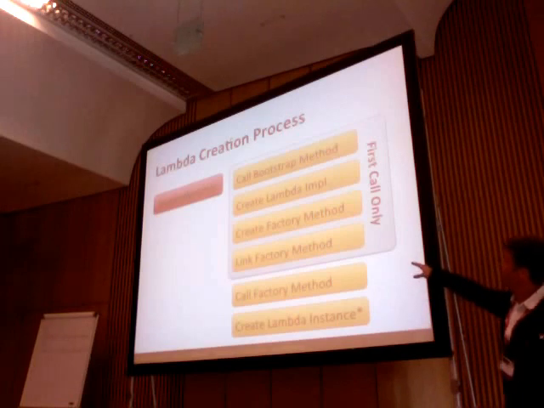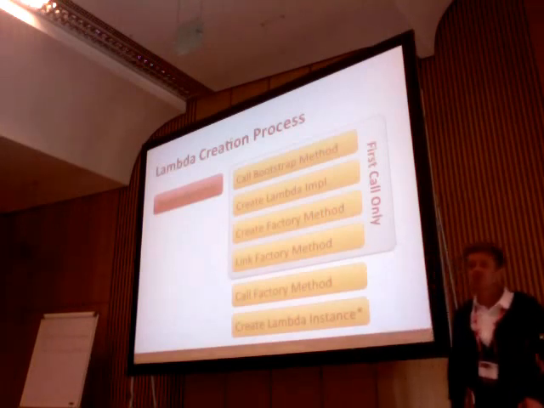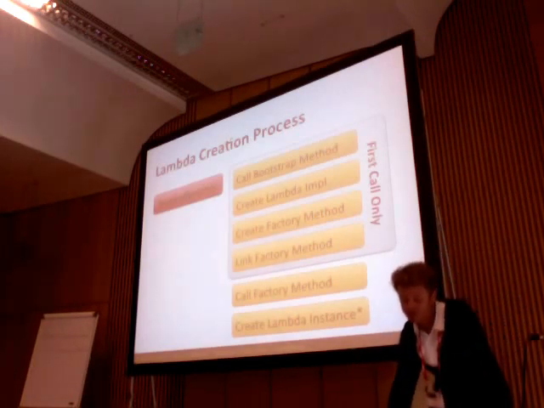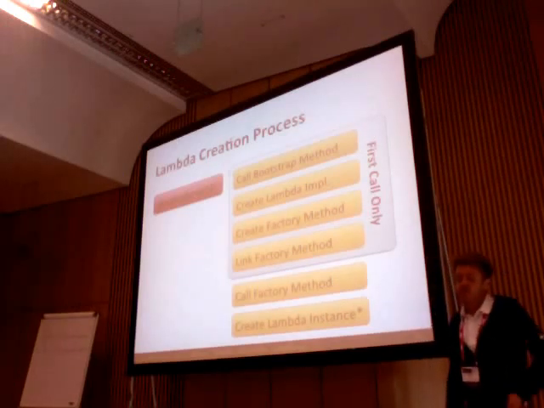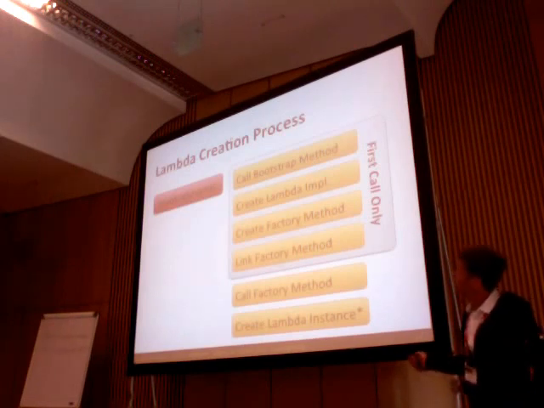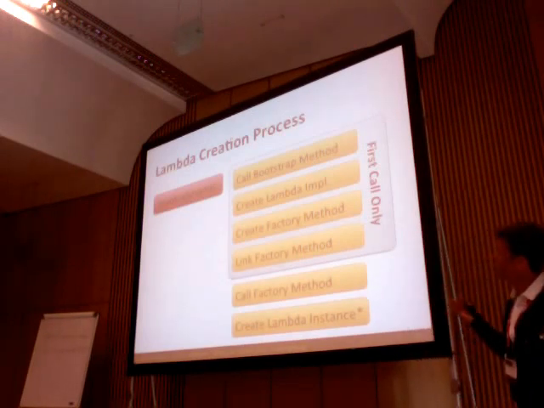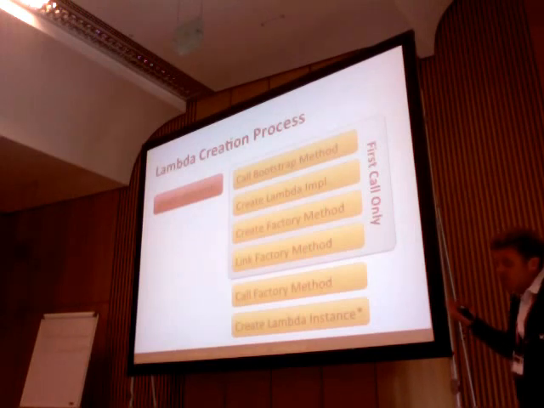So all this overhead here is just for the first invocation. Afterwards it's gone, and it's as fast as calling a normal method like with invokevirtual. So how is the Lambda implementation actually created, and what does the Lambda implementation look like?